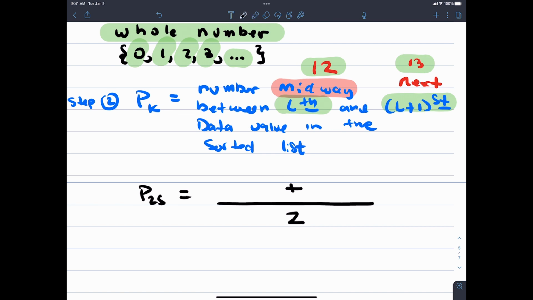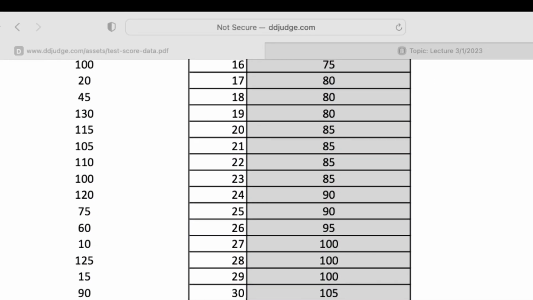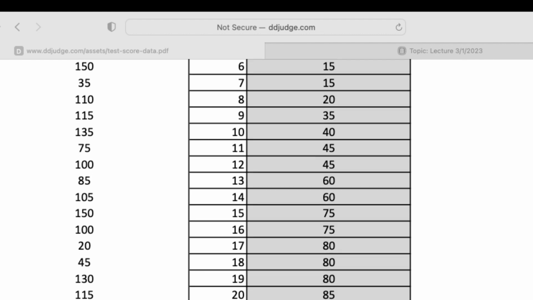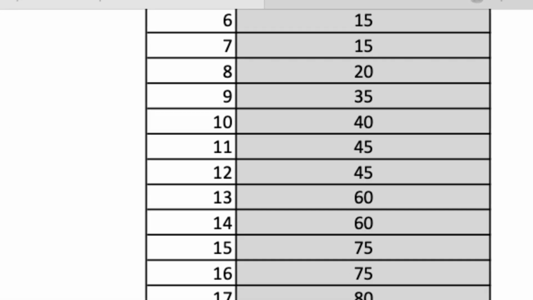So go to the sorted list. Where's the 12th data value? What is it? 45. Good. What's the next? 60. Do you guys see that there? You're looking for the 12th and the 13th data value in the sorted list.